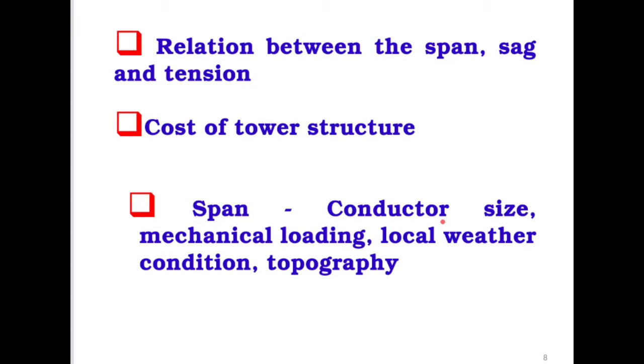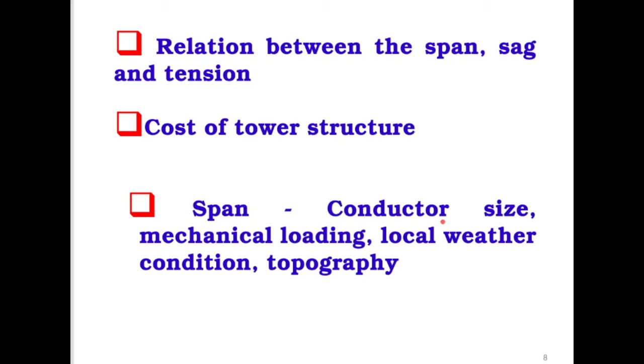Because when you want to buy conductor from manufacturers, they will tell you this is the conductor size that we manufacture according to our standards. They produce according to standard, South African standard or British standard or American standard or Indian or Chinese standard, doesn't matter, but the standard is there for sure. And according to those standards, each of those conductors they manufacture can carry a certain amount of current. So you choose it from there.